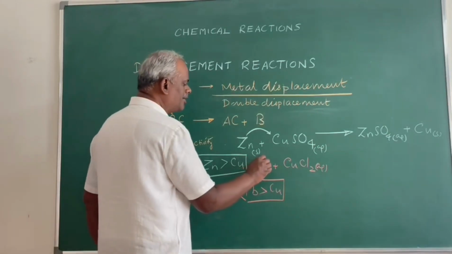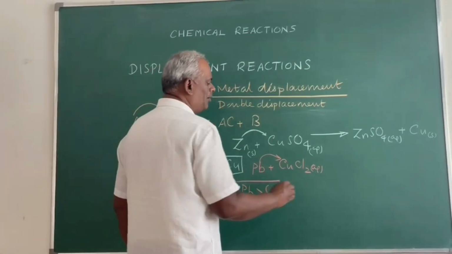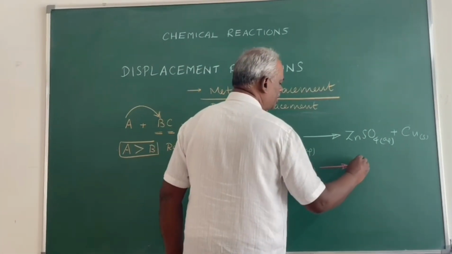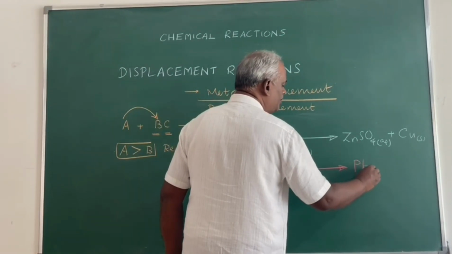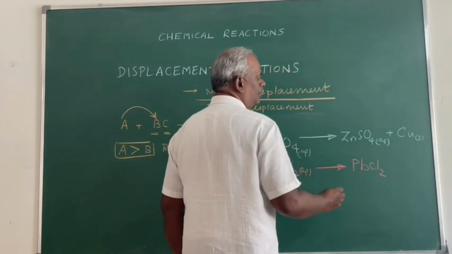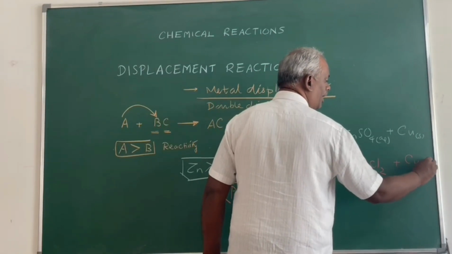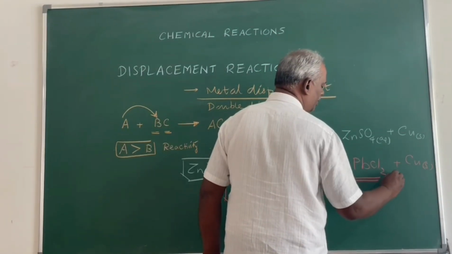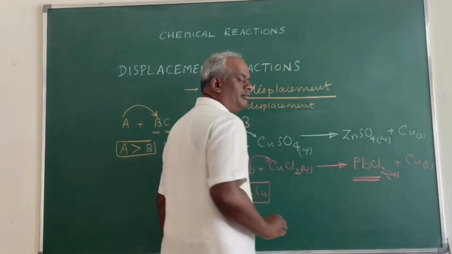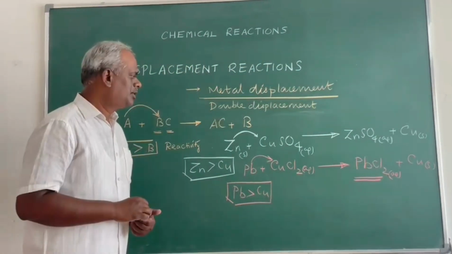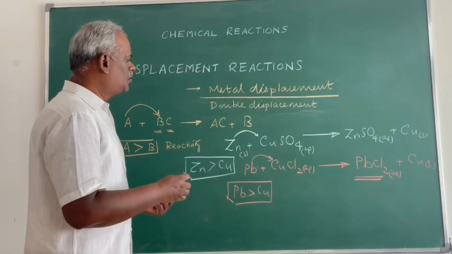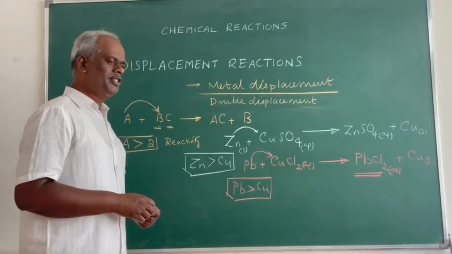So the lead can displace copper from the copper chloride, and the product expected is PbCl2. Copper is being released from the substance and lead chloride is obtained due to the displacement. And these equations are self-balanced, you need not balance them.